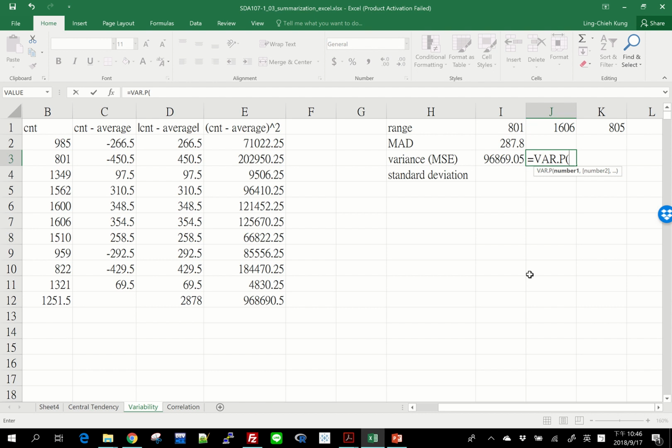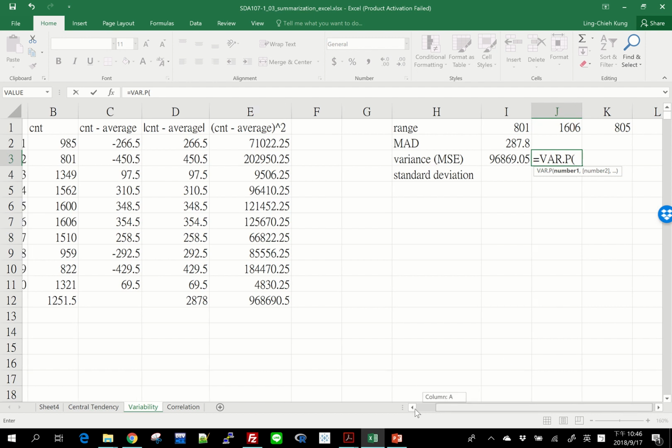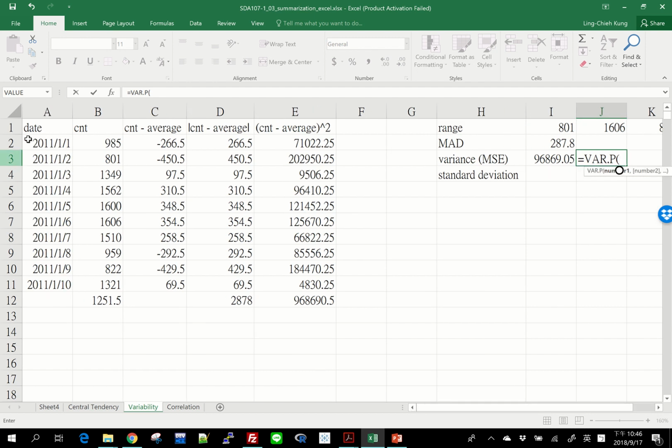Okay, that makes more sense because what we are doing is that we have a set of data. That's all we have, and we try to calculate the mean squared error of all these 10 values. So it's more like describing a population. If we are trying to describe a sample and use that to infer the population, then that's another story, and we will do that in the future.